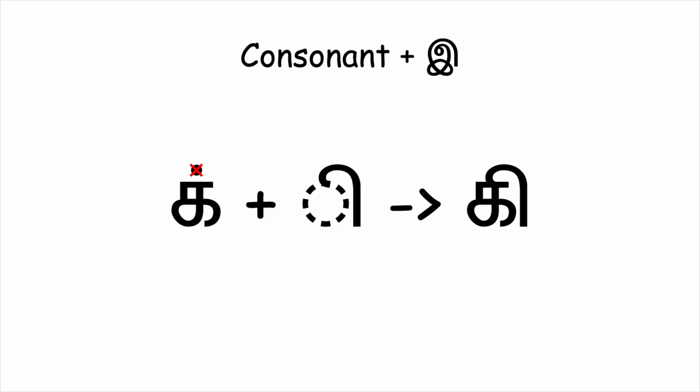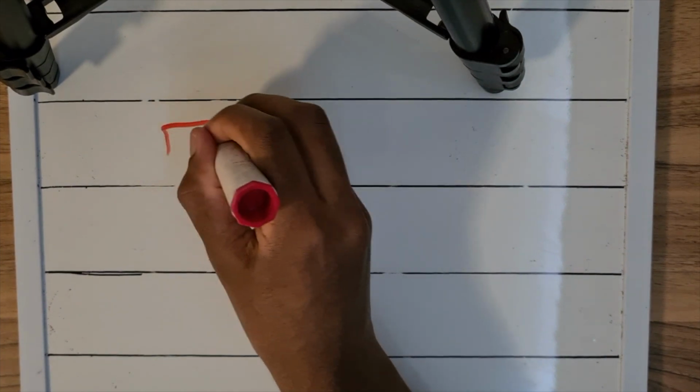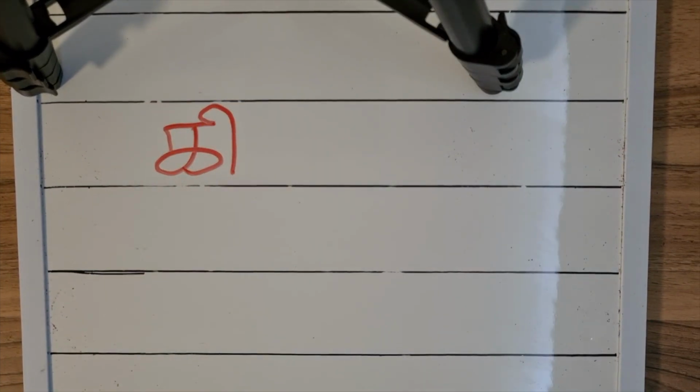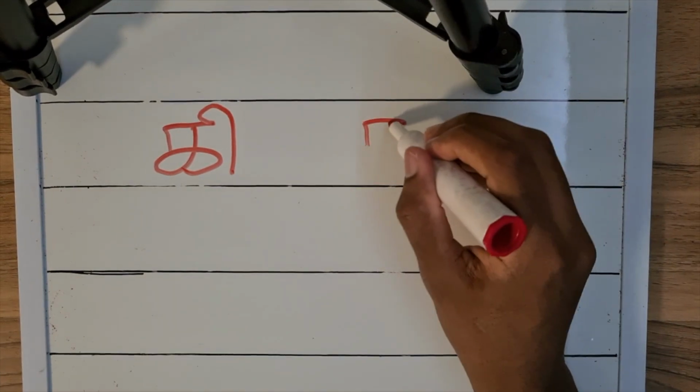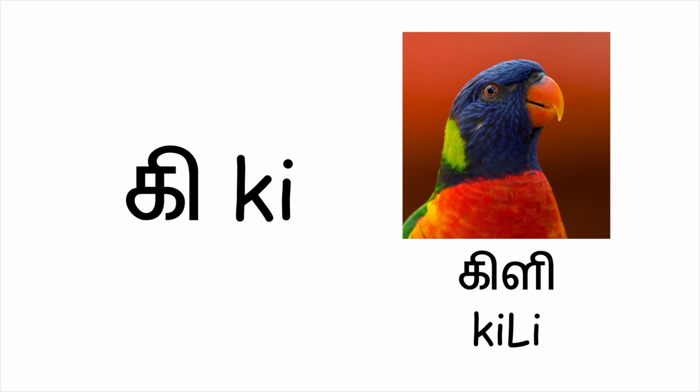Let me show you how to write ki. An example word that starts with ki is kuli, which means parrot.